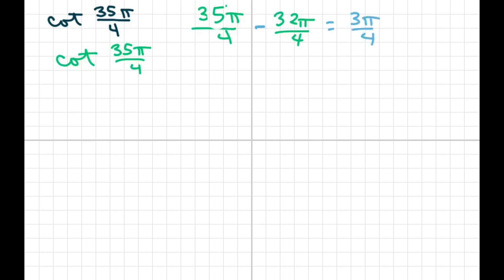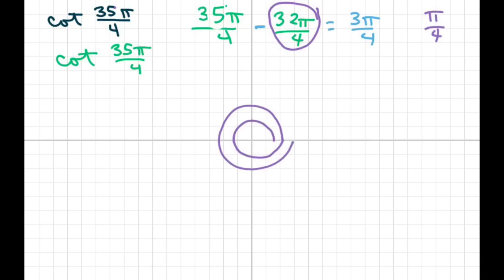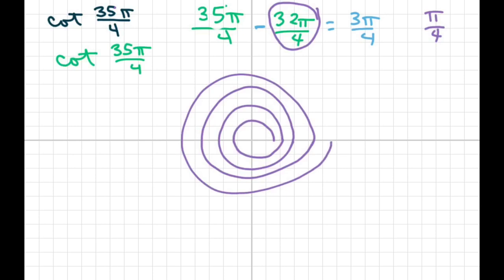Basically, remember pi over 4 is 45 degrees, and you have 35 of those. Since I subtracted 8 pi, that's 2 pi, 4 pi, 6 pi, 8 pi, and then I still had 3 pi over 4, which is right over there.